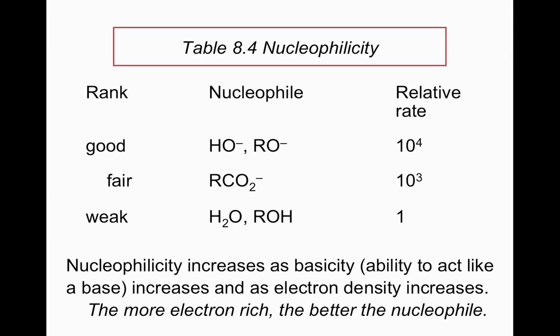So we can see here, going down comparing all of our oxygen containing nucleophiles, the best oxygen containing nucleophiles are those that carry a negative charge on the oxygen anions. In this case, the carboxylate anion is a fair nucleophile because it's pretty stable as is due to the resonance structures contained therein, and our weakest nucleophiles are alcohols and water, which contain no negative charge.